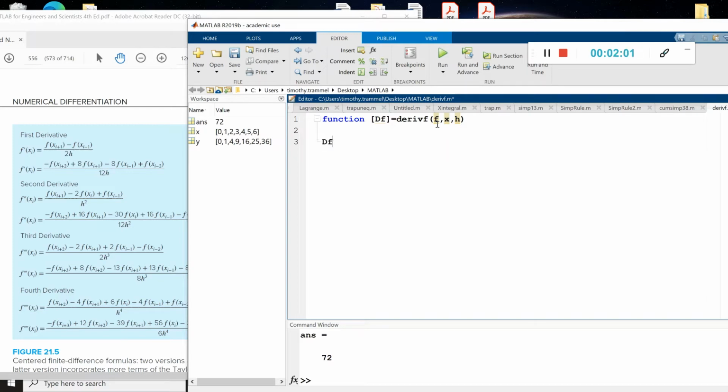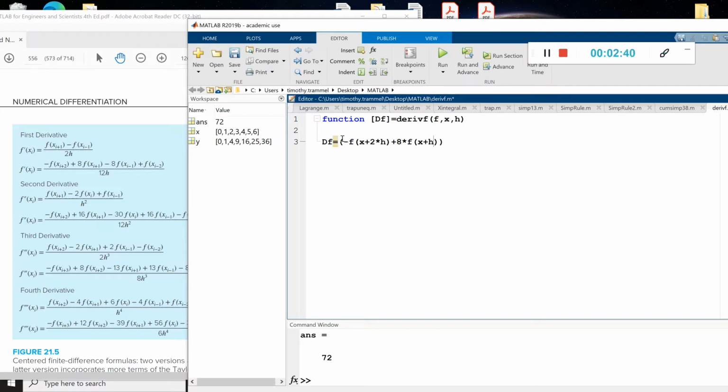So df would be equal to, and I want minus f of x plus 2 times h, because it's x sub i plus 2, so we're 2 x's over from where we want to evaluate it. And then the next one will be plus 8 times f of x plus h, because we're at x sub i plus 1.